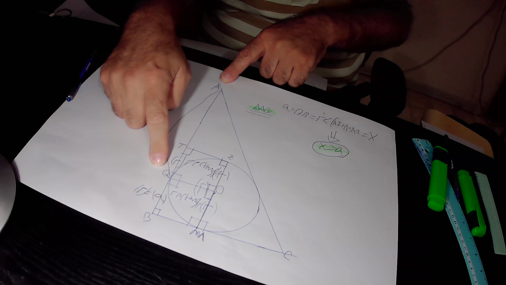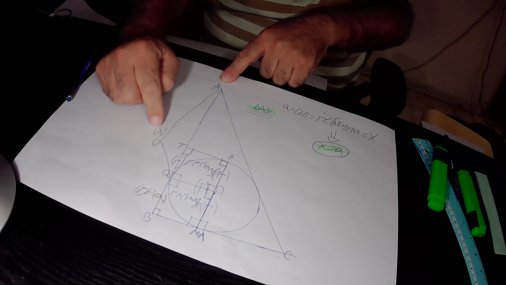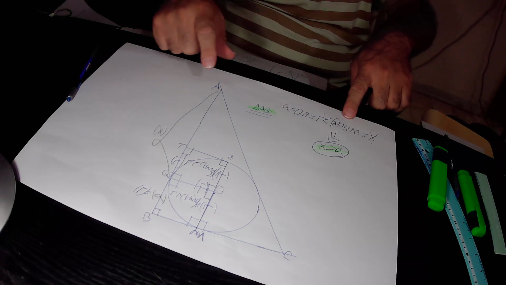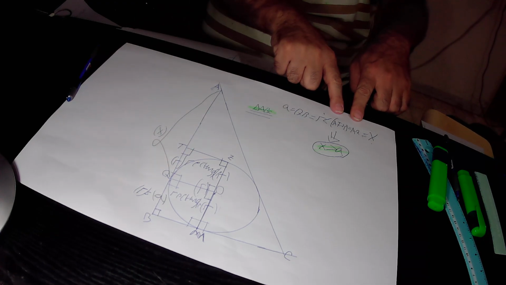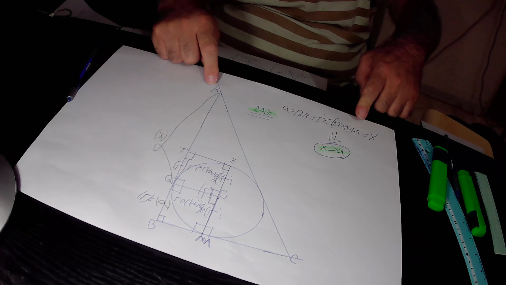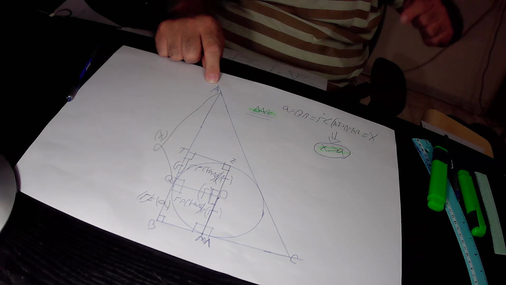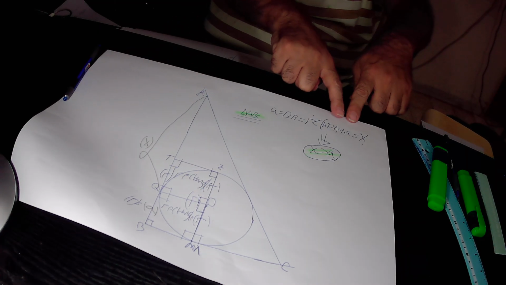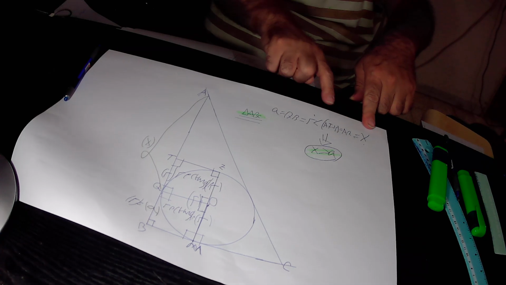So AQ in total equals AT plus TQ. TQ was R, so AQ in total equals AT plus R. But AQ also equals X. So from one side, AQ equals AT plus R, but from the other side, AQ also equals X.